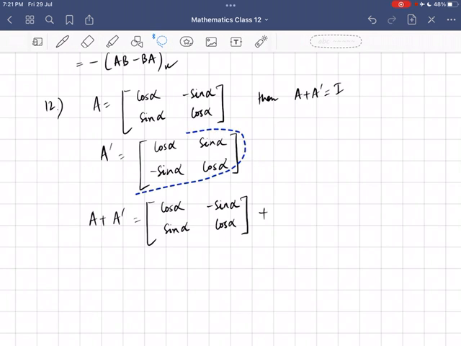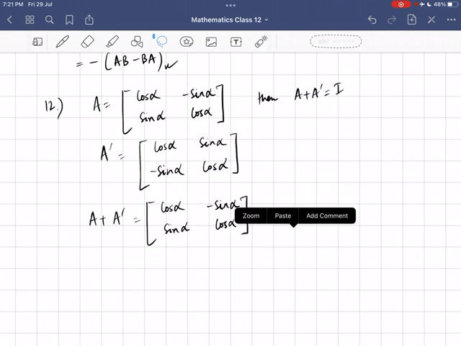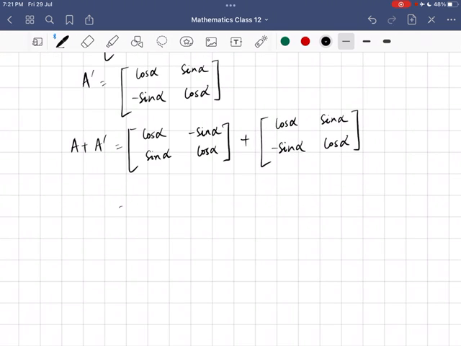Cos alpha plus cos alpha, that comes out to be 2 cos alpha, and then minus sin alpha plus sin alpha, that becomes 0, and sin alpha minus sin alpha, that is also 0, and cos alpha plus cos alpha, that is 2 cos alpha.